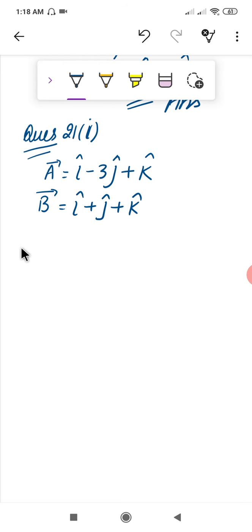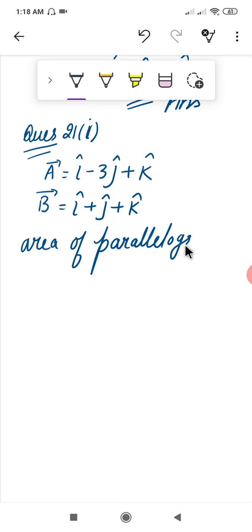And the question is, find the area of the parallelogram whose sides are given by these two vectors. That means vectors A and B are actually forming a parallelogram like this.